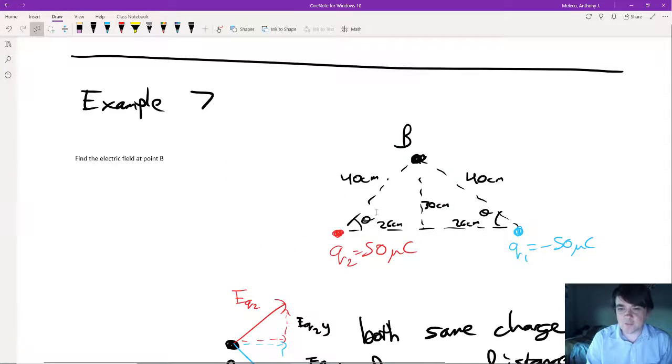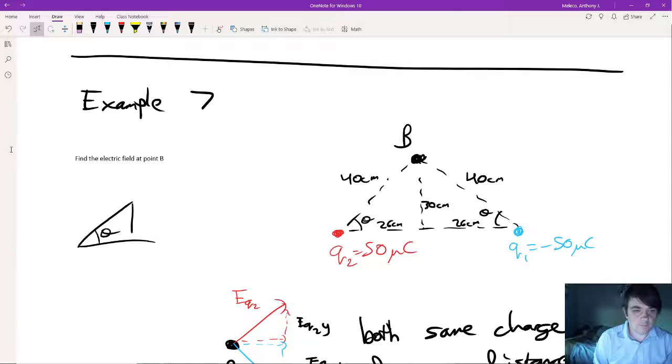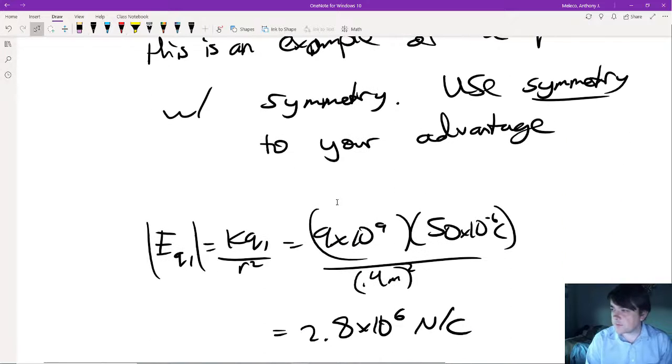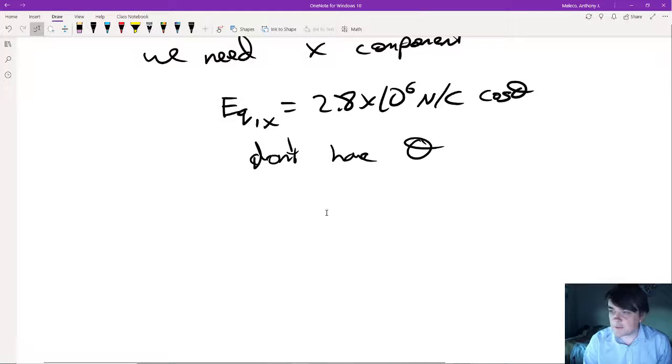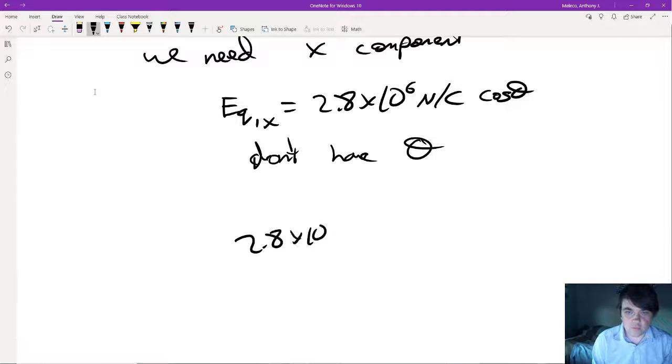But instead, we have what cosine of theta is equal to. We have all these sides, right? So if you're looking at this, the adjacent side, the opposite side, cosine of theta equals the adjacent over hypotenuse. So that's all we really need to do here. So we plug in 2.8 times 10 to the 6 N/C. Then we plug in the adjacent over the hypotenuse.